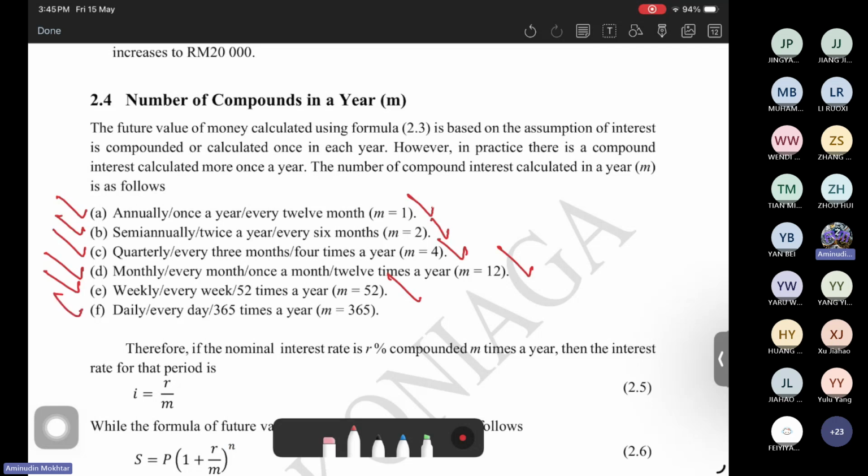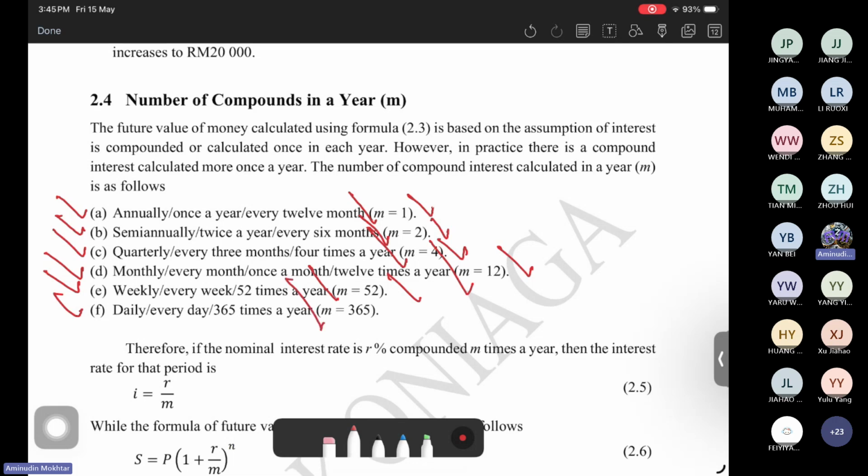The number of compounds, whether once per year, m equal to 1, 2 times per year, every 6 months, 4 times per year, quarterly, 12 times per year, monthly, 52 times per year, weekly, 365 times per year, daily basis.